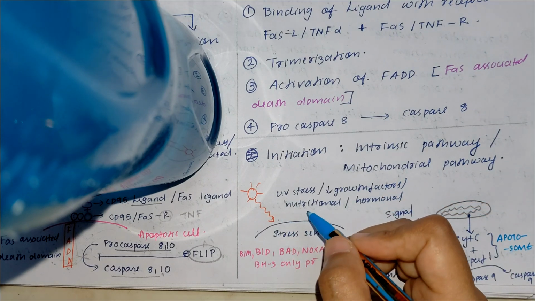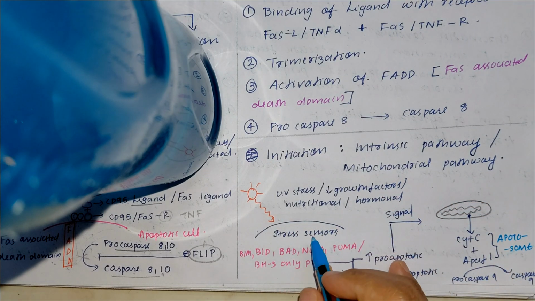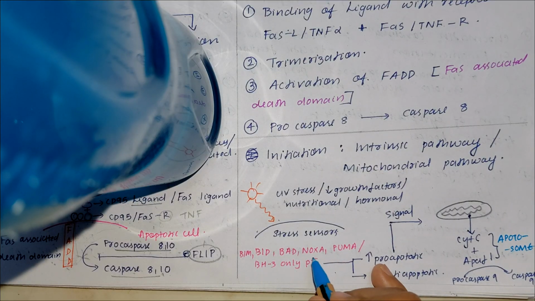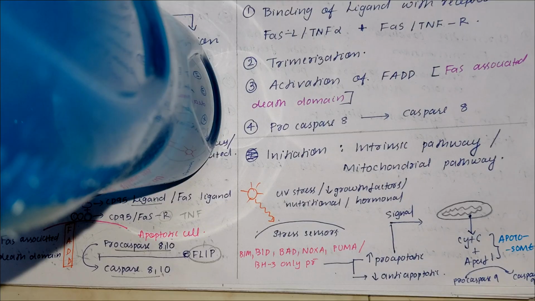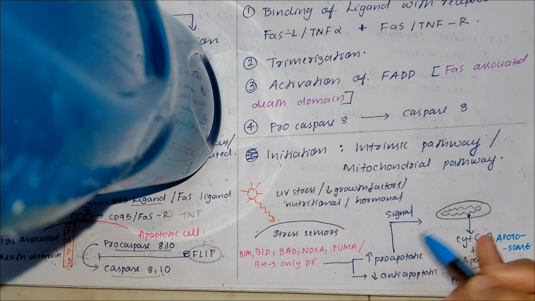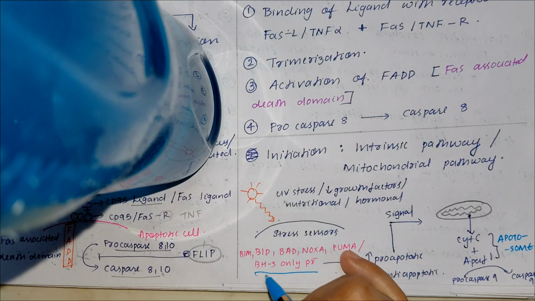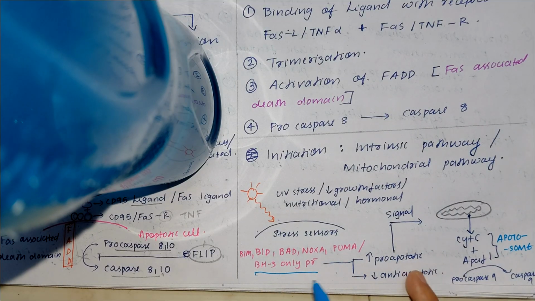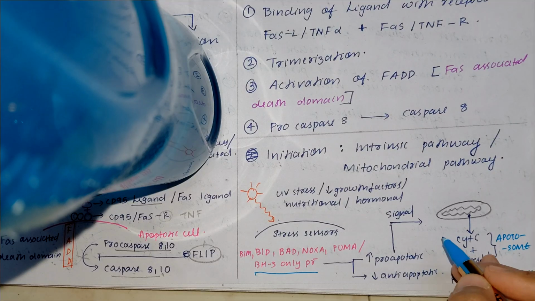What will the cell do? It will activate the stress sensors present in the cell: BIM, BID, BAD, NOXA, PUMA. I like to rhyme it like this: BIM, BID, BAD, NOXA, PUMA. Together they are also called the BH3-only proteins. What will these do? They will increase the pro-apoptotic function.